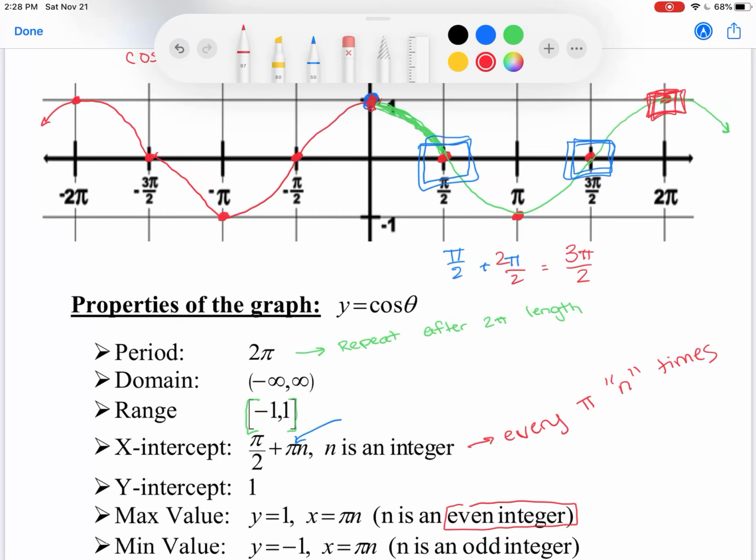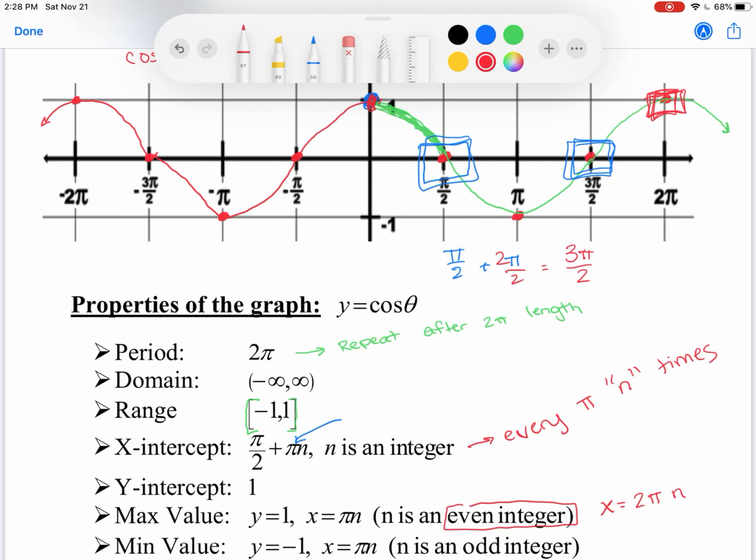Well, that makes sense because the next n value that this was going to occur was at 2 pi. So by having that restriction, you are keeping in mind that it's only occurring every even time you're on your cosine graph.